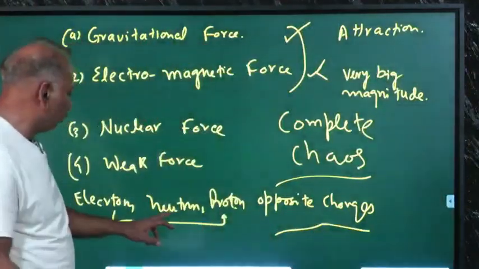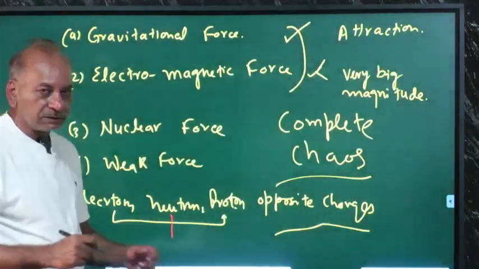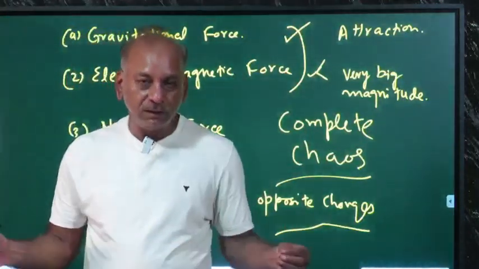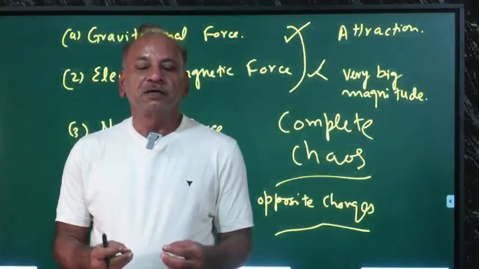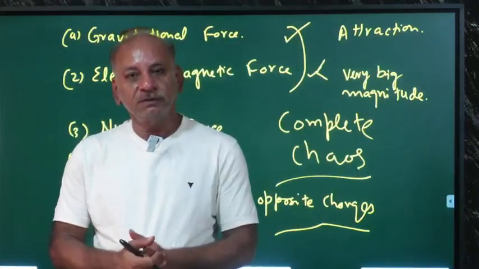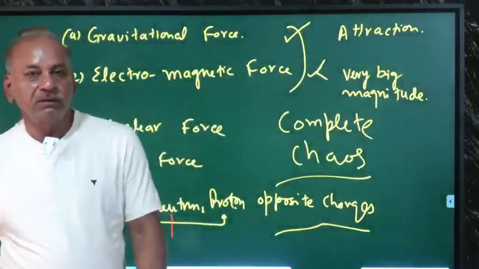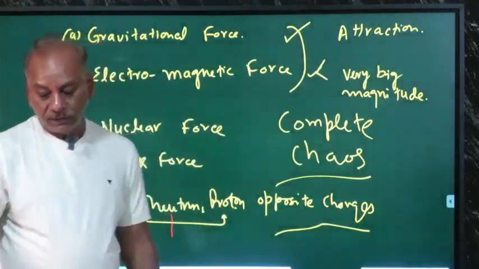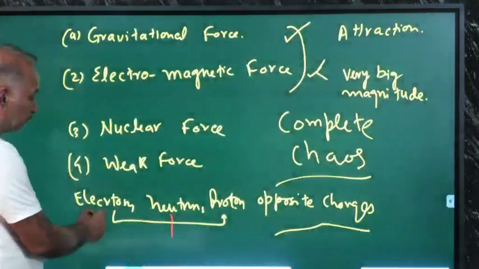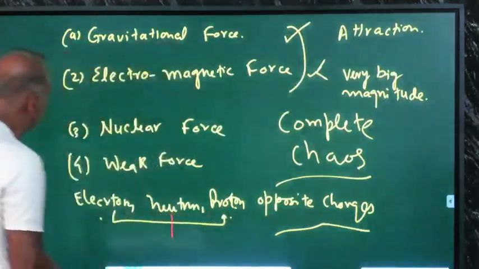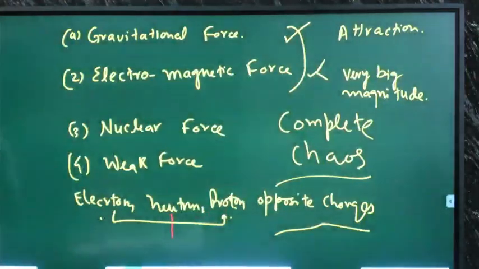Neutron, being neutral in nature, does not get involved in the electrical attraction or repulsion process between other nuclear particles. So the force between electron and proton is also electric in nature.